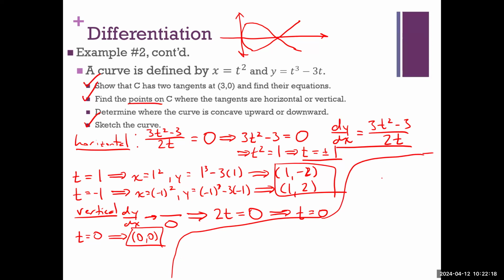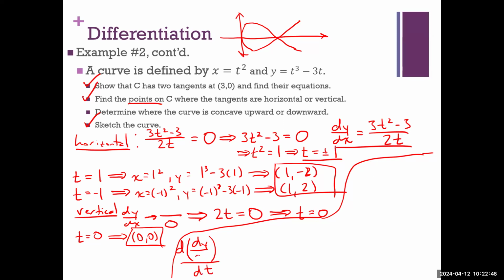So basically what I want to find here, I have a derivative dy/dx, right? But now I want to take the derivative of that. So how is that going to work? Where do I want to start this? I got dy/dx, but I want to take the derivative of this derivative with respect to t.